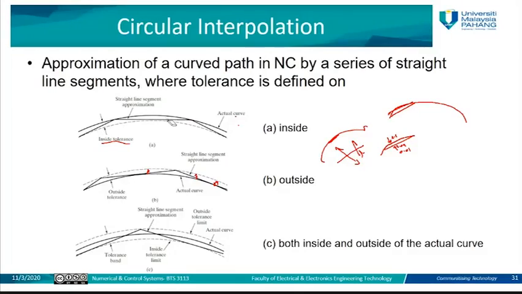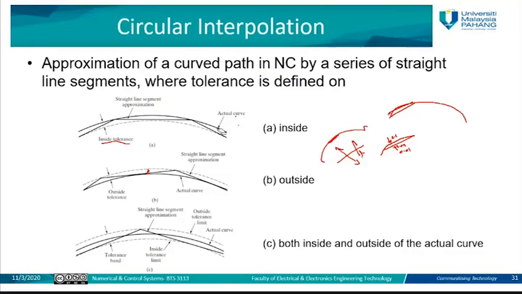What the interpolator does in the case of circular interpolation, it will not draw a circle. It will represent this circle by using a series of lines, each between 2 points. So it will draw lines from inside, for example, or from outside. In both cases, for sure you have a difference.